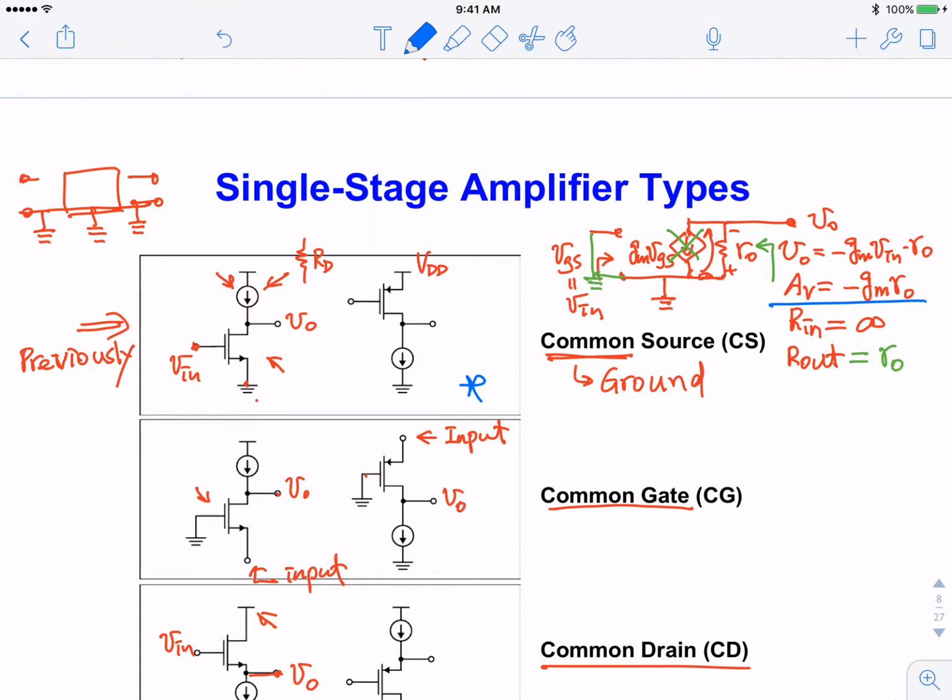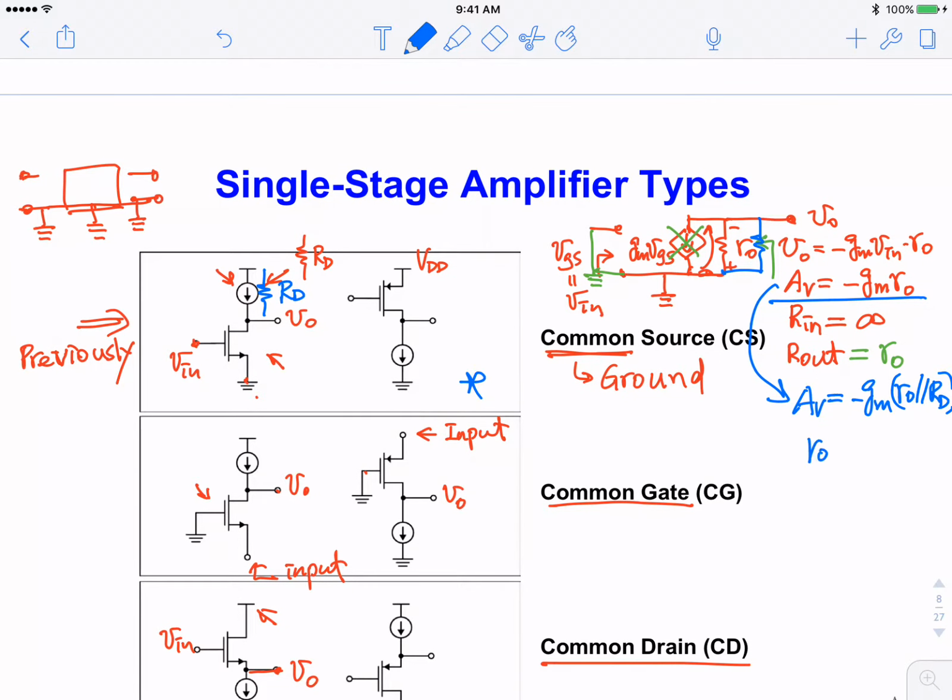If I use a load here, RD, the Av will become minus Gm ro parallel RD, and again, ro is most likely much greater than RD, so the voltage gain here is minus Gm RD.